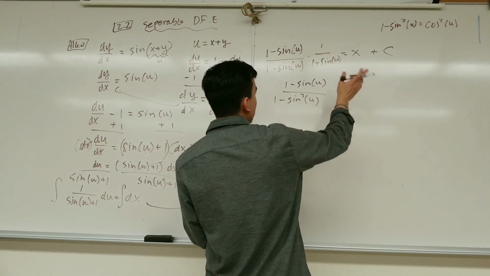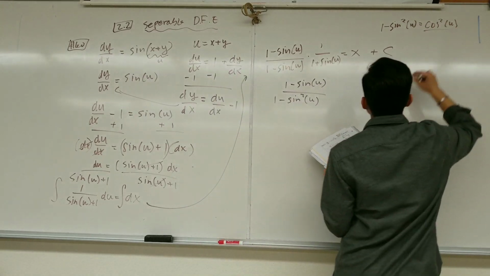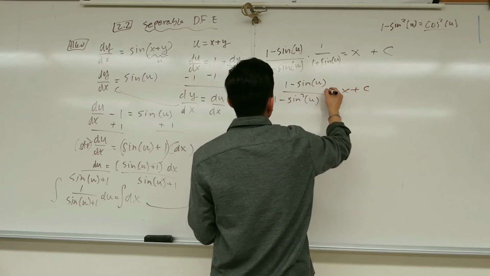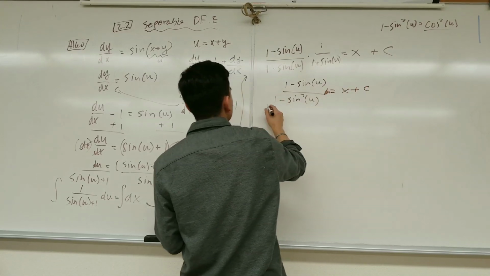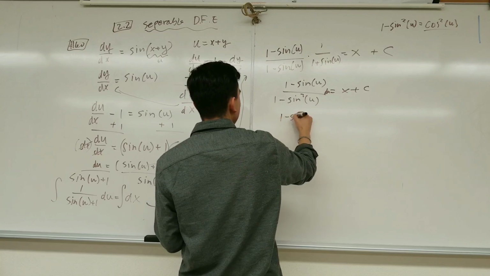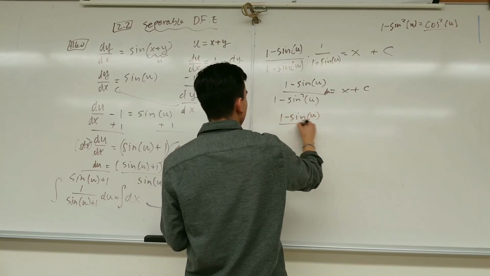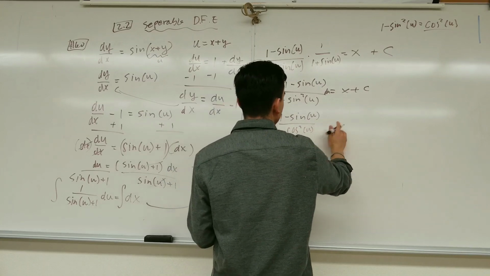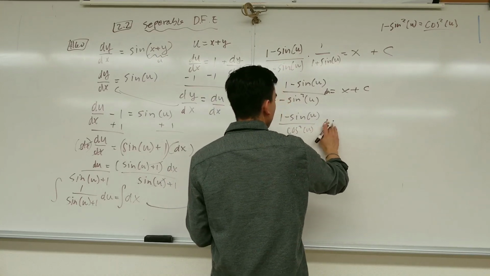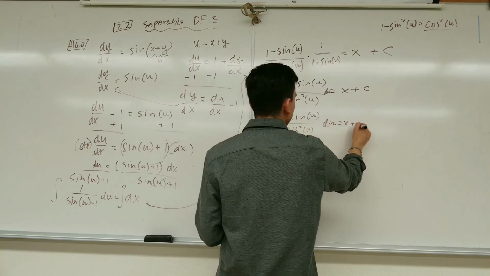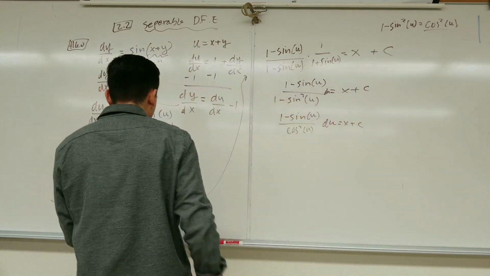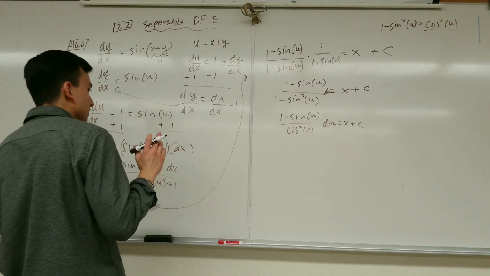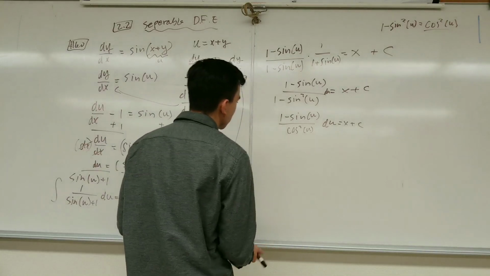Oh, and we're going to employ that. So now we have 1 minus sine of u over cosine squared u. Great. It's great for us, right? Okay. And hopefully that lets you see a little clearer as to what we're trying to do.